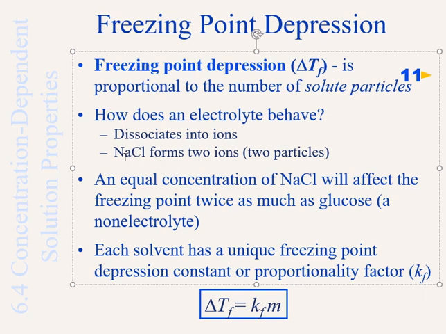So every 1 sodium chloride gives you 2 particles. So if you had a 1 molal solution, in reality the solute particle concentration is 2 molal, and then you would plug that, 2 molal, into this equation, and using water's unique freezing point depression constant, you can find out how low the freezing temperature would go.